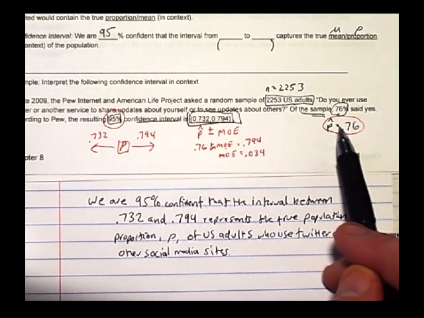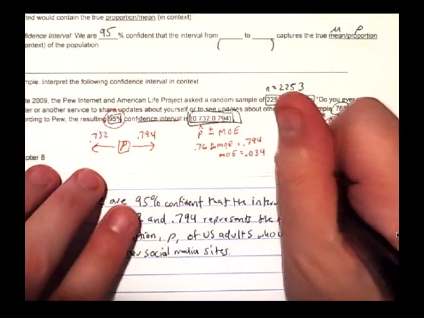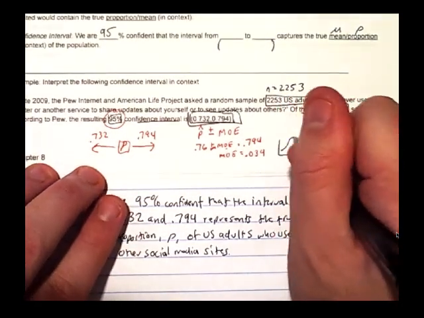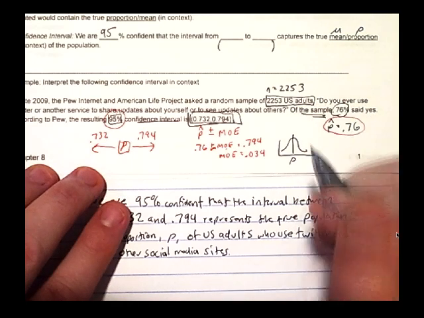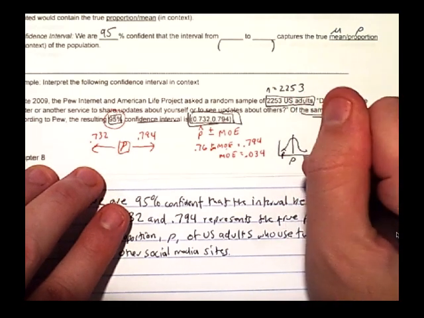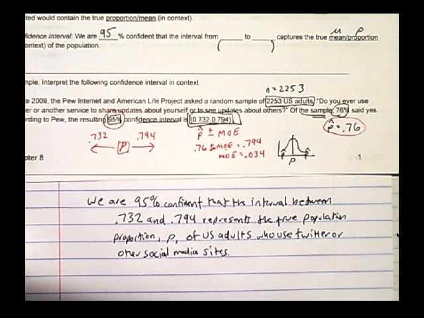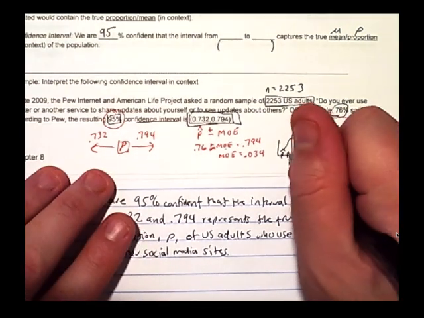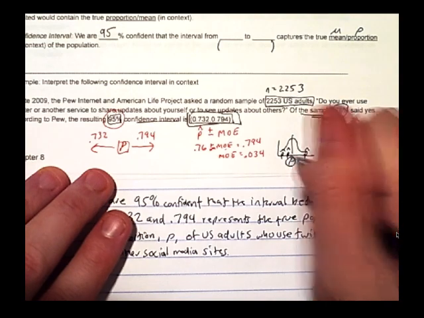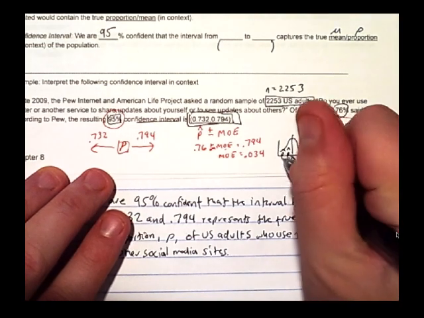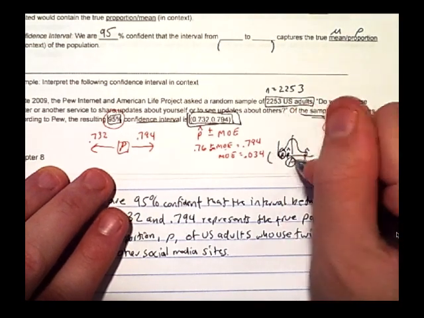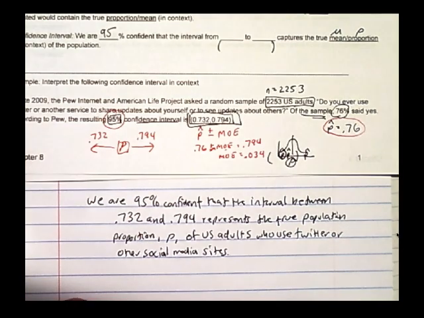Because our p hat, when we look at a sampling distribution, here's the true one, but our particular sample proportion could be higher or lower than that. In order to capture this number down the middle, we have to go a certain distance to the left and a certain distance to the right.